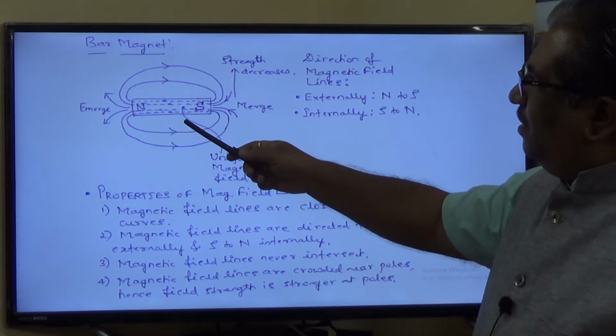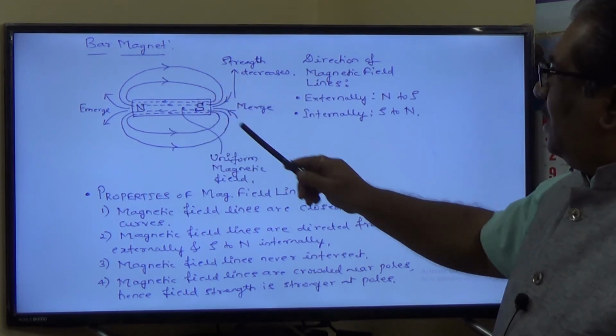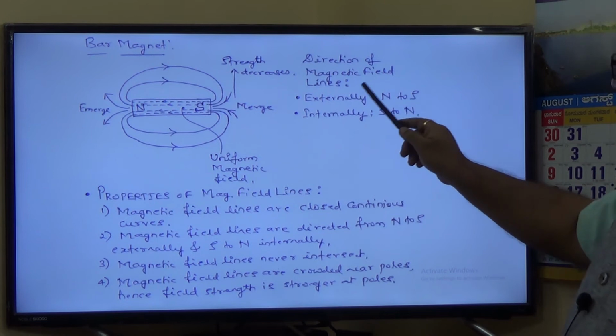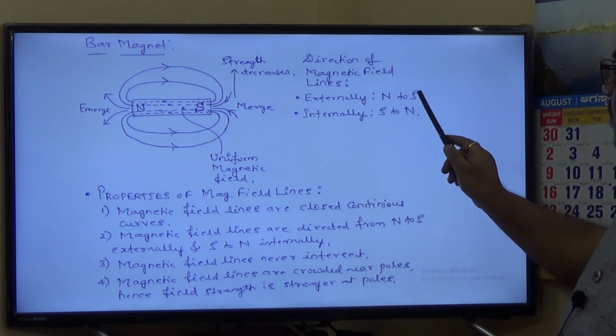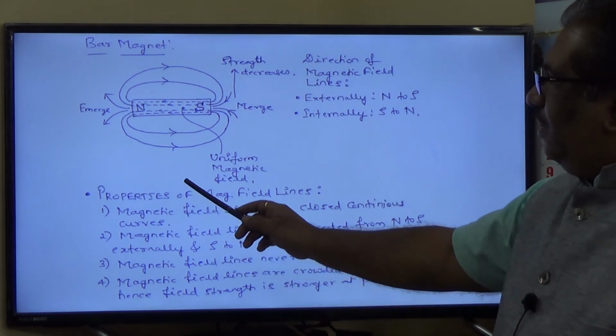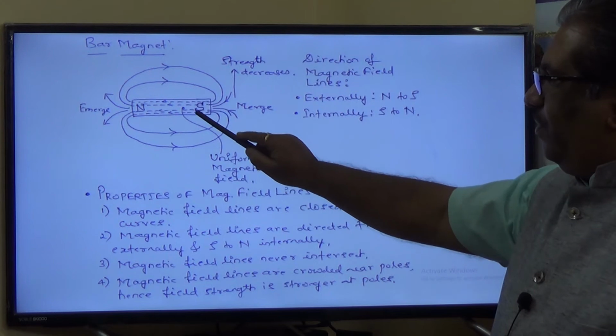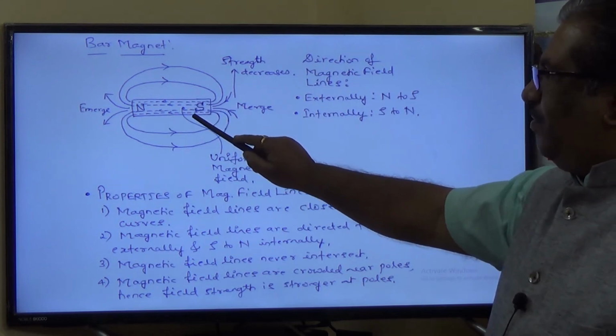Here once again the picture of the bar magnet and the magnetic field lines are shown. Direction of magnetic field lines: externally north to south, internally south to north, explained already. And inside, the magnetic field is uniform. The magnetic field strength is uniform.